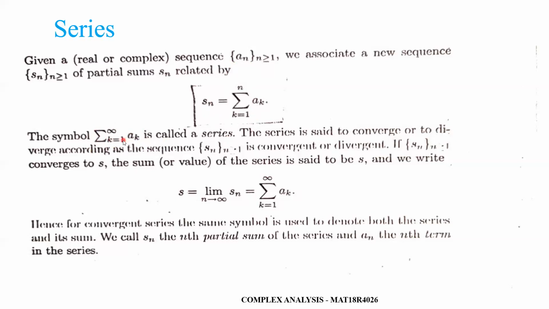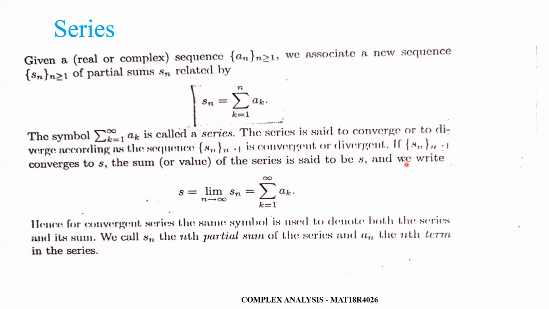Now the series is said to converge or to diverge according as the sequence Sn, n greater than or equal to 1, is convergent or divergent. So we define this infinite sum to converge or diverge according to its sequence of partial sums: when Sn is convergent, we say the series is convergent, and if Sn diverges, then we say this series diverges.